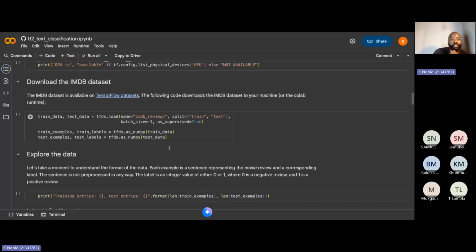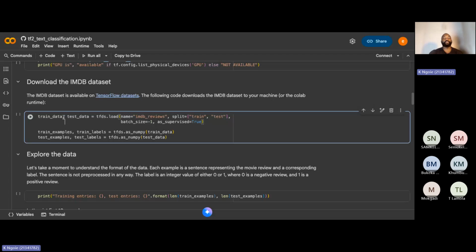So when you look at it, obviously, this is where we're going to have the data and how we're going to split it. We will have the training and testing data, and the batch size will be 1, which means that we're going to use all the data at the same time, all the samples, when the model is changing the weight.